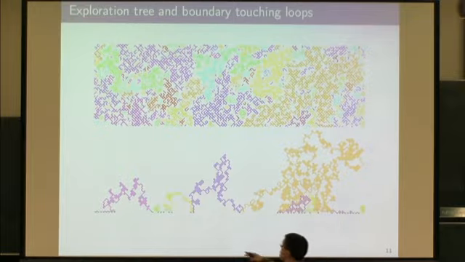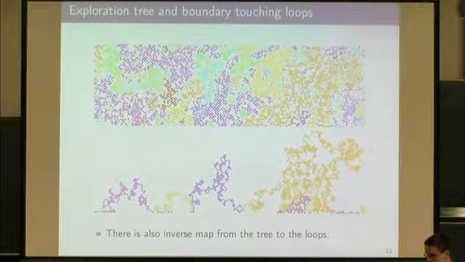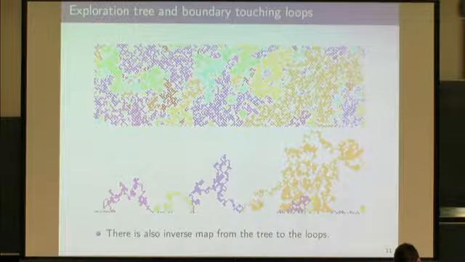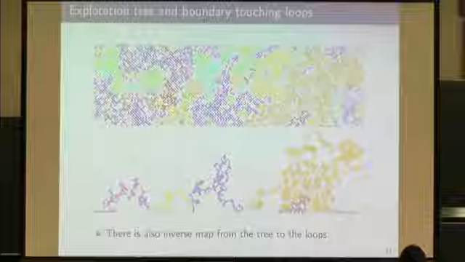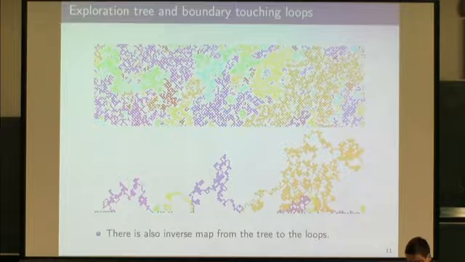But now if we want to see something here, then we take a new target point here, and then it will continue here and hit somewhere here close by. So we will actually recover all the loops. So there is an inverse map of this process.